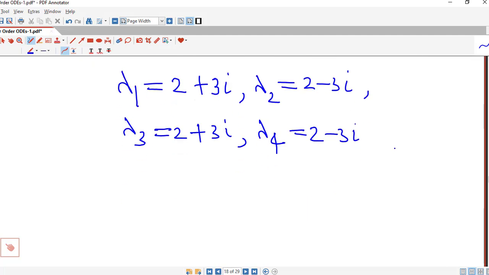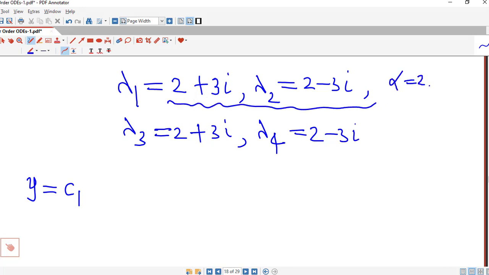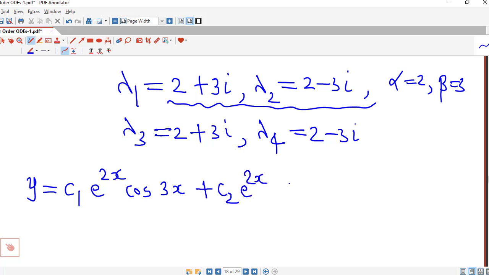Suppose these are the roots of the auxiliary equation of some fourth order differential equation. For this type of roots the general solution will be, first we write for this pair. For this pair alpha is 2, beta is 3. So we have c1 e^(2x) cos 3x plus c2 e^(2x) sin 3x.